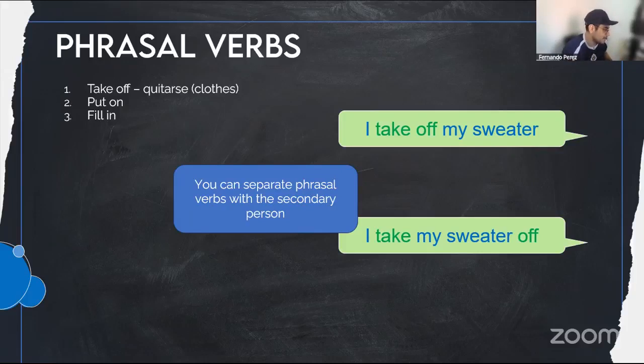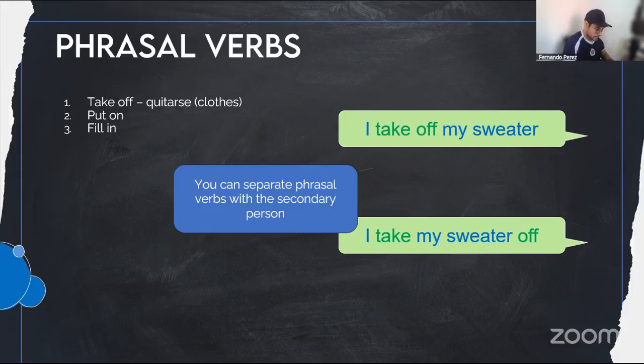Perfect. Let me give you useful phrasal verbs for you. Put on, ponerse, when you are talking about clothes. Fill in, llenar un espacio. For example, when you are talking about forms or exams.